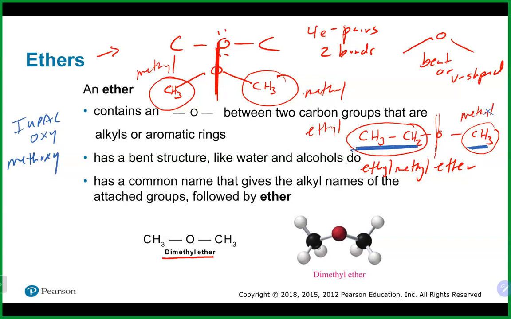The longest carbon chain would be named just like an alkane. And this would be methoxyethane in the IUPAC way of naming. Obviously here we'll just do the group way of naming, the common way, but that's basically how you would go about naming it. If it was the IUPAC way, this would be something like methoxymethane, as opposed to dimethyl ether.